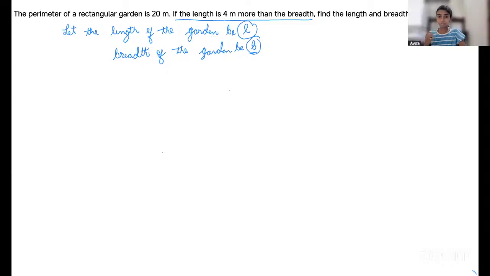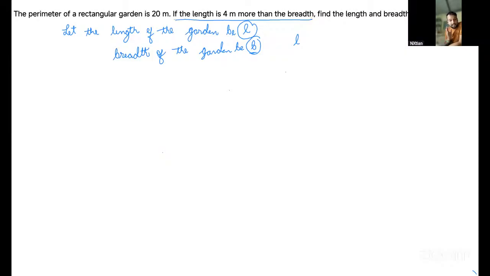Yeah, if the length is 4m more than the breadth, so how will you write it?